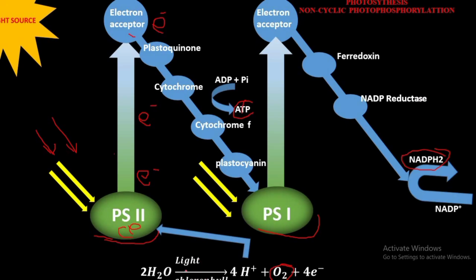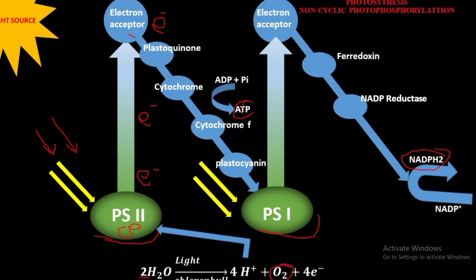The electrons lost are replaced by the process known as photolysis, the breakdown of water with the aid of light. To replace the lost electrons, water is split using light energy. The equation is given here.